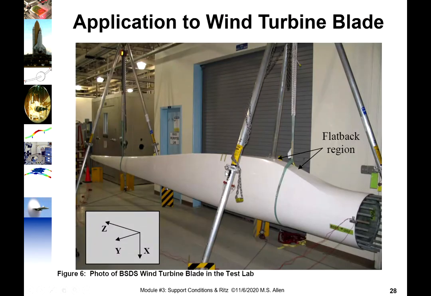They then went forward and applied this to a wind turbine blade. I was actually a postdoc at Sandia when this test was going on and got to see this. And so using what they learned, they mounted the bungee cords for the wind turbine at the nodes of the first bending mode, and notice that the flat of the blade is pointing vertically.